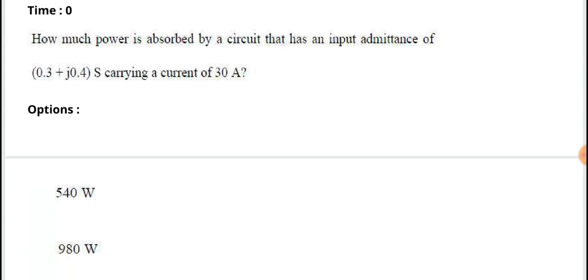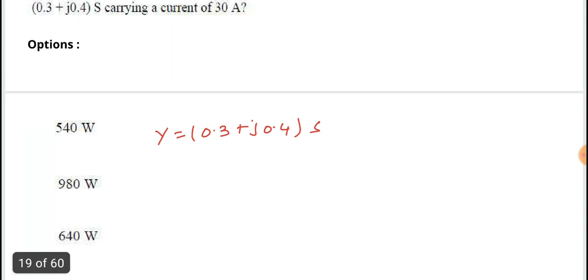Next one: how much power is absorbed by a circuit that has input admittance of 0.3 plus J0.4 S carrying a current of 30 amperes? First, the Y value they gave: Y is nothing but 0.3 plus J0.4, units are Siemens. Now what is the value of Z here?